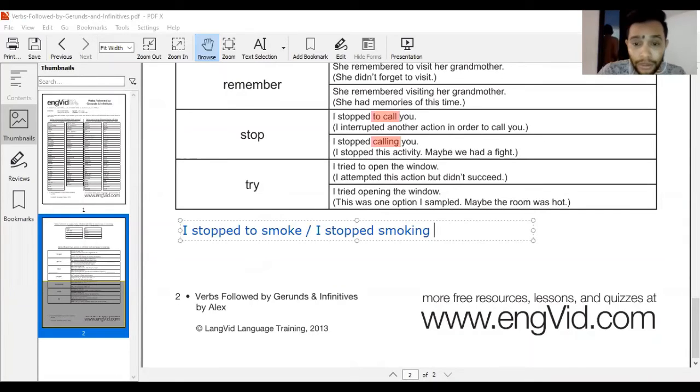En ese preciso momento yo tuve tanto miedo que ¿qué hice? I stopped smoking. ¿Qué quiere decir en ese momento? ¿Sigo fumando? Cuando yo digo I stop smoking, ¿sigo fumando? Guys, when I say I stop smoking, ¿continúo fumando?